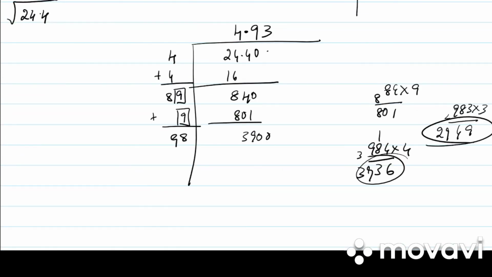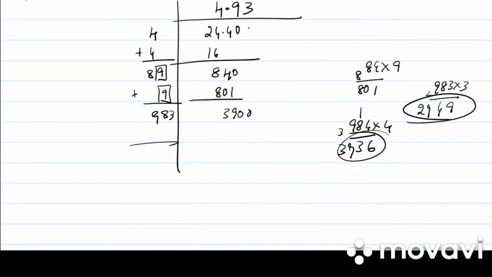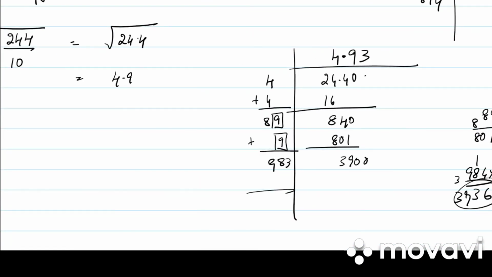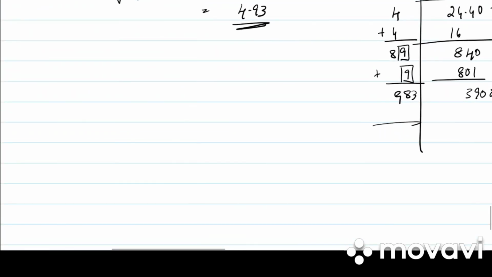So it is 4.93, you get 2949. So 3900 minus 2949, we get 951. We add 3 here, 3 here. 986. So you can end it in 2 digits. So what is the square root? It is 4.93. This is how you find the square root of a particular number.